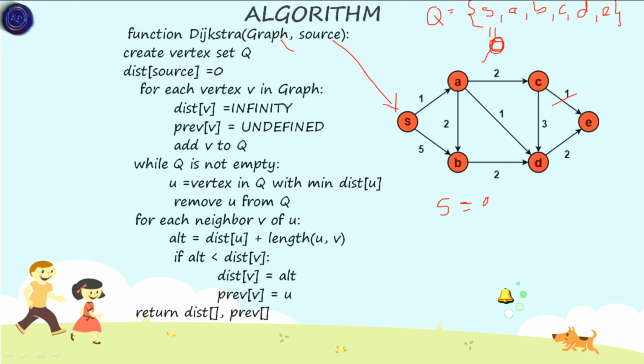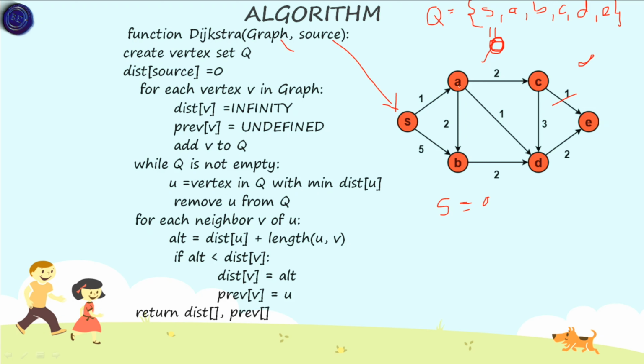After setting the source node to 0, for each vertex v in the graph, so the remaining vertices, that is A, B, C, D and E, are the remaining vertices that come under v. Distance of v is set to infinity. That means A, B, C, D, E vertices' distances are set to infinity. After that, previous of v is undefined.